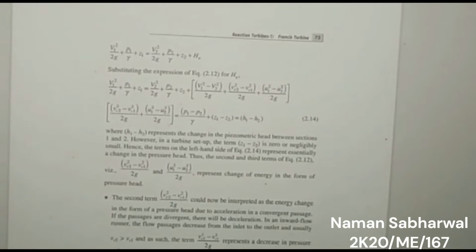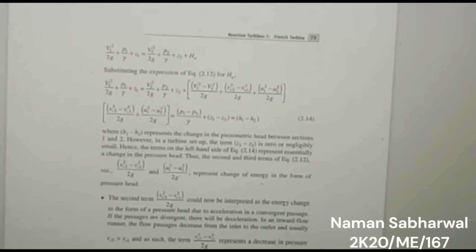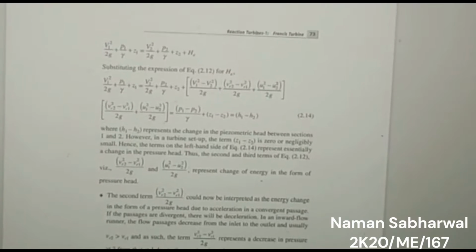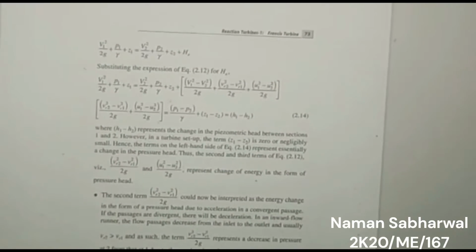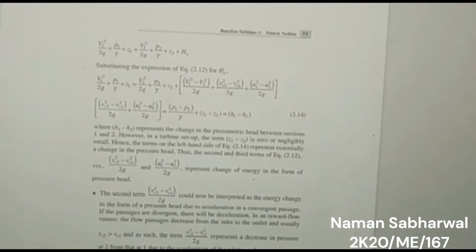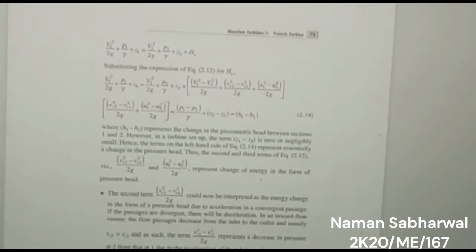Now we have to simply replace HE with V1 square minus V2 square divided by 2G plus the rest of the equation which we discussed previously.